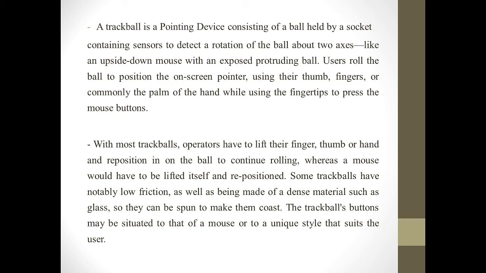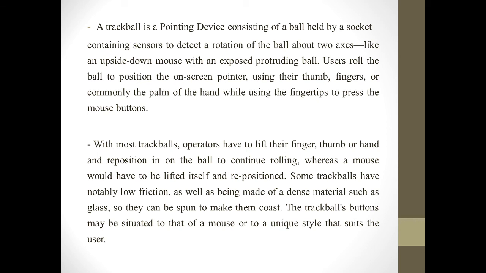The trackball's ball is fitted on the palm, so with the movements of the palm we can move the ball and change the cursor position on the screen. With most trackballs, operators have to lift their finger, thumb or hand and reposition it on the ball to continue rolling, whereas a mouse would have to be lifted itself and repositioned.